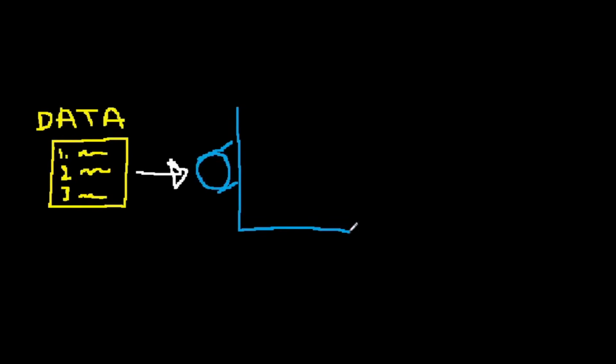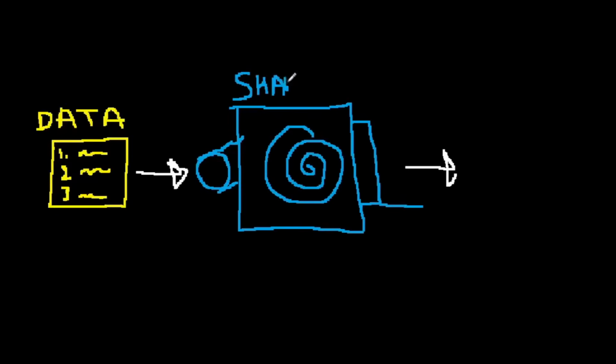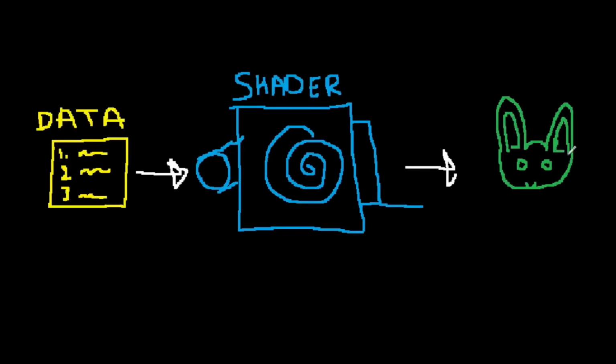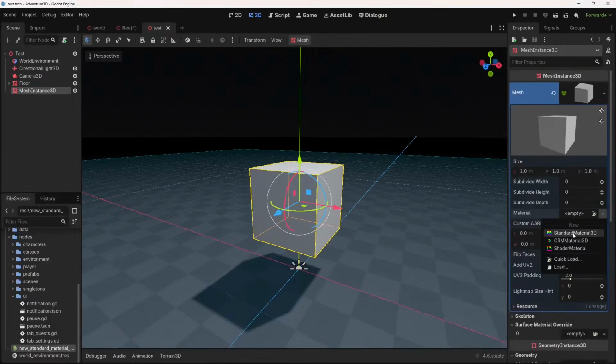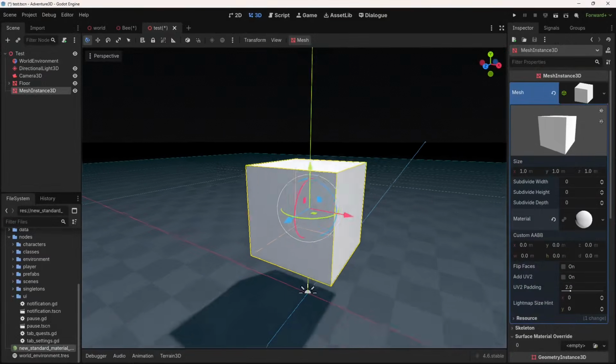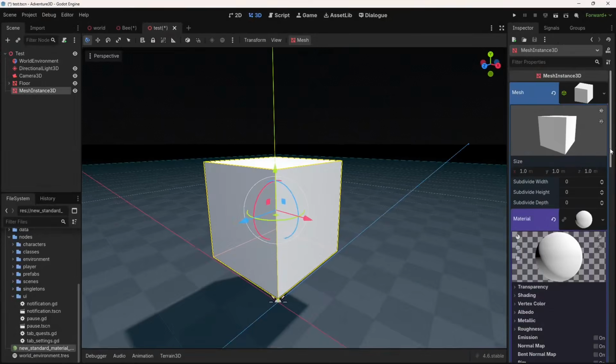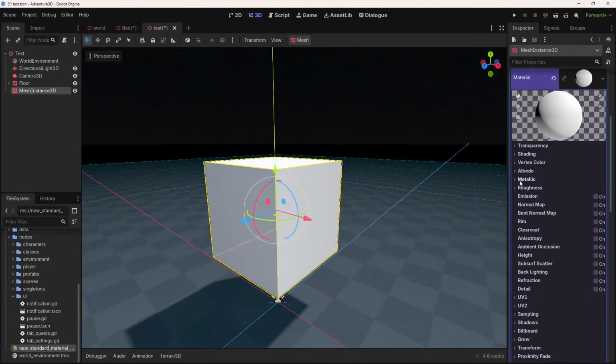So remember, materials are just a bundle of parameters, whereas a shader is what actually runs on the GPU and actually does the work of rendering the image to the screen. Even if you didn't realize it, this standard material actually uses a built-in shader. So this is going to be a PBR or physics-based rendering shader, and it's going to consider all of its parameters here.